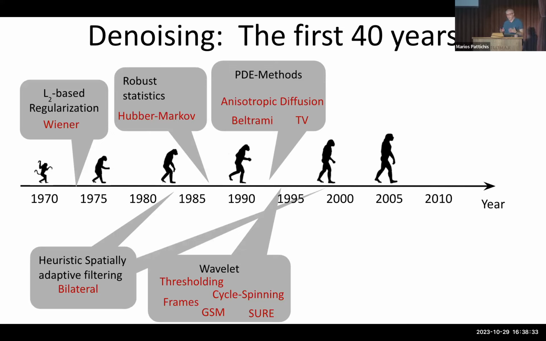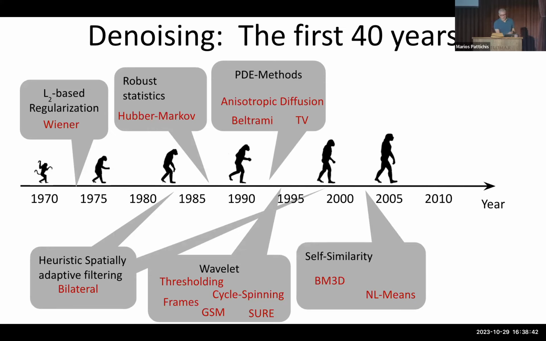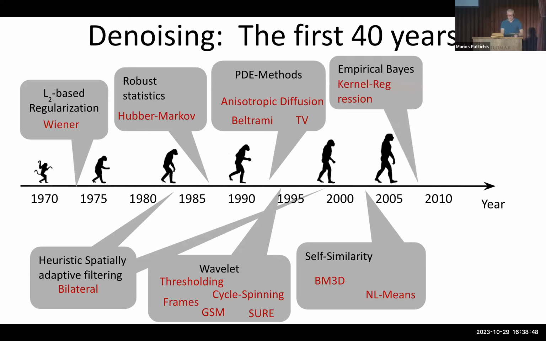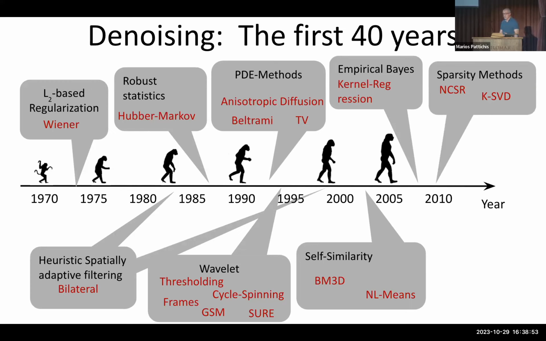Some of those heuristics were fortified a little bit in things like the bilateral filter. Of course, the wavelet revolution happened in the 90s. Self-similarity, things like BM3D, which dominated kind of the high-quality denoising for a number of years. Empirical Bayes were introduced, and then finally sparsity had a lot of contributions, things like KSVD, et cetera.